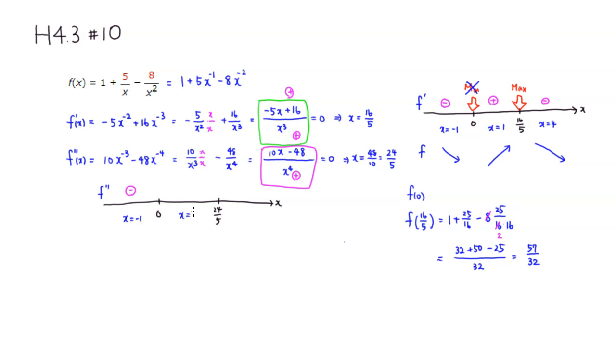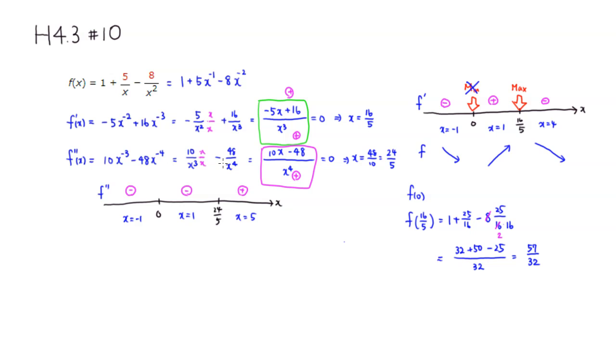So sample number x equals 1. Here you have 10 minus 48. It's still negative, so it's concave down there. After 24 over 5, we can try x equals 5, since 24 over 5 is 4.8. So 50 minus 48, now it's going to be positive.